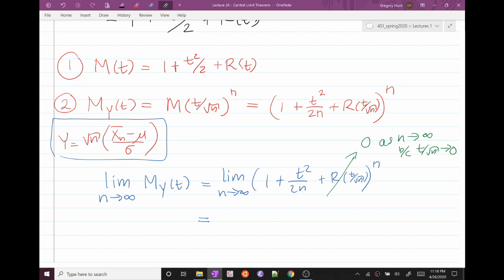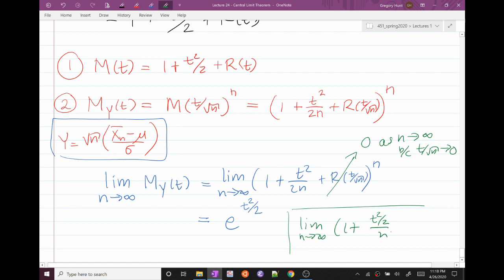And the rest of it looks a lot like e to the t squared over 2, right? How can we see that? The rest of it is basically the limit as n goes to infinity of 1 plus t squared over 2 over n, to the nth power, and that is e to the t squared over 2.